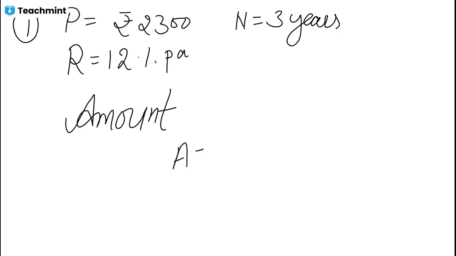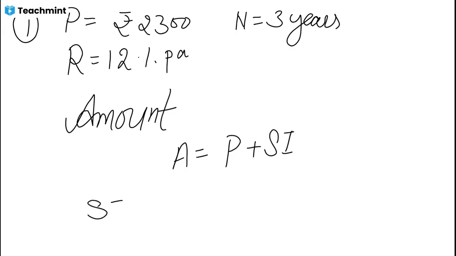Amount A is equal to P plus SI. Are you getting it? Yes. Okay, so let us first find SI, then add it to P to find the amount.